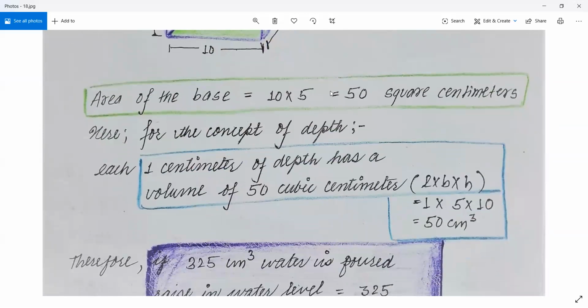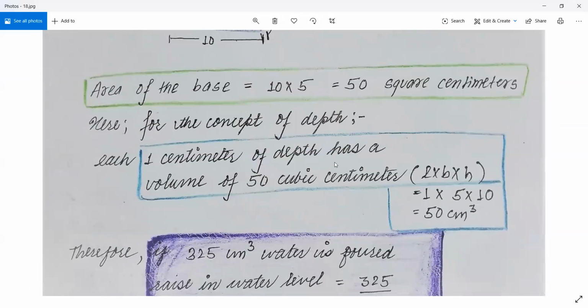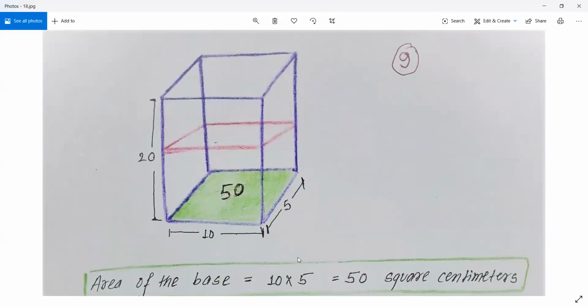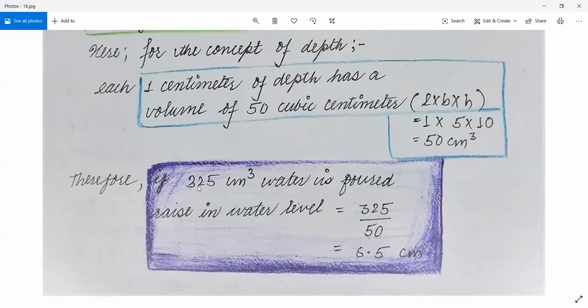So this logic can help you crack the height that is to be found in this question. 1 centimeter height contains 50 cubic centimeters of water, since its length and breadth are 10 and 5. So when you divide 325 cubic centimeters of water by 50 cubic centimeters, you'll get the height, that is 6.5.